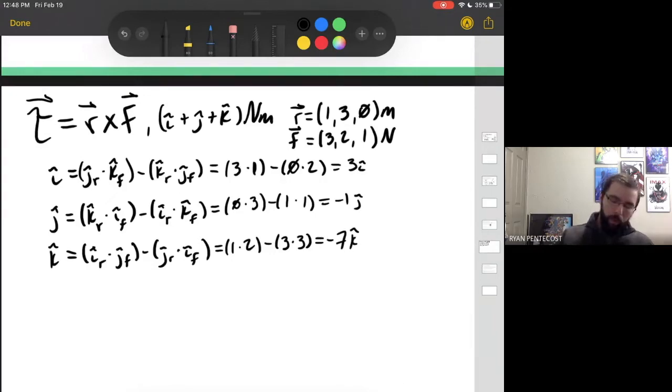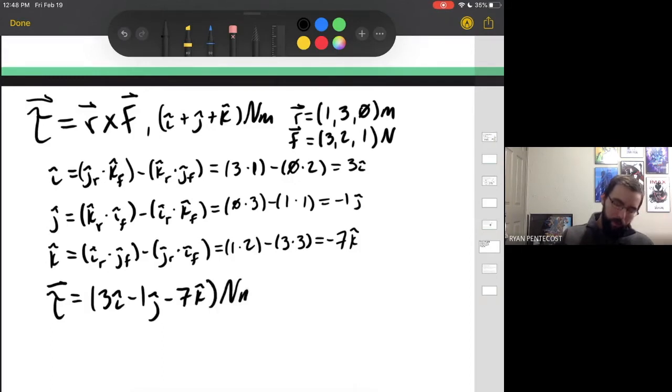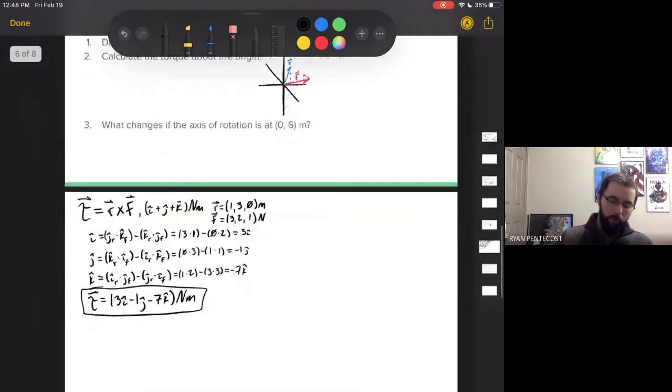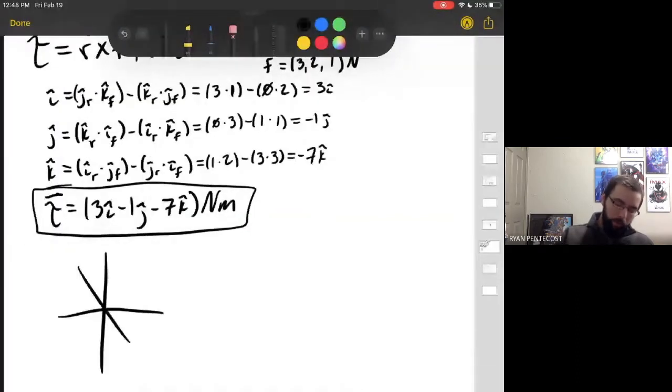Okay. All right, so our torque vector will look like 3i minus 1j minus 7k Newton meters. So that is calculating the torque about the origin. That also means that if we were to draw this, we would go 3, 1, and then 3, 4, 5, 7, way off this way.